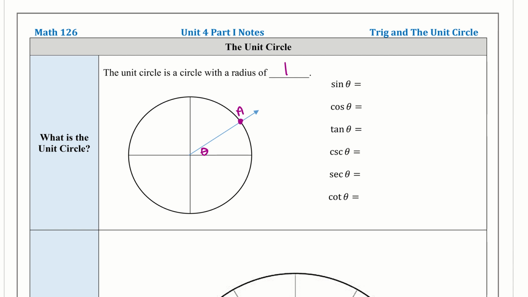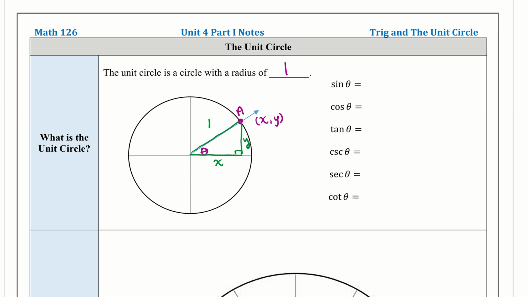And point A is x comma y. And really, we could drop a little hypotenuse here and be looking at a right triangle. Now, because the radius of this circle is 1, this would be x and this would be y. And we could use the Pythagorean theorem or special triangles to find those values.